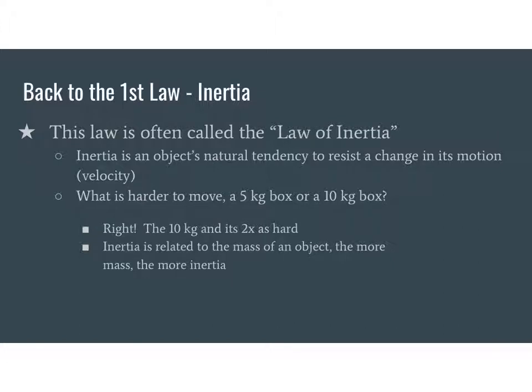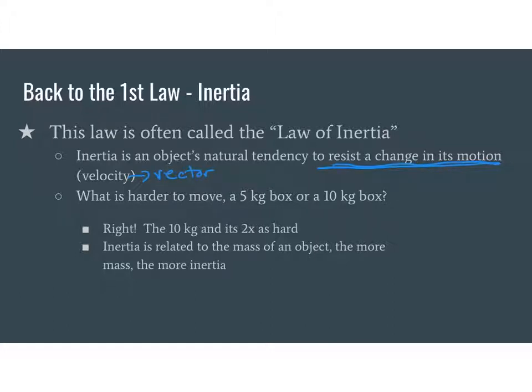So let's go back to that first law, which is often called the law of inertia. The reason for this idea of inertia is an object's natural tendency to resist a change in motion, which typically means its velocity, which, as we know, is a vector.